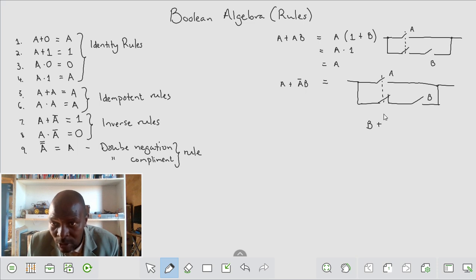Or if we close A, then it doesn't matter what B is. So these two depend on either B. When you don't care about A, you will worry about B. Or if B is not important, A can still do the job. But A being open does not say power will go through.